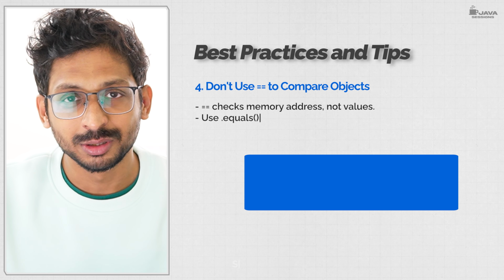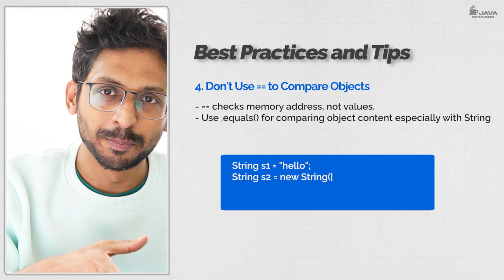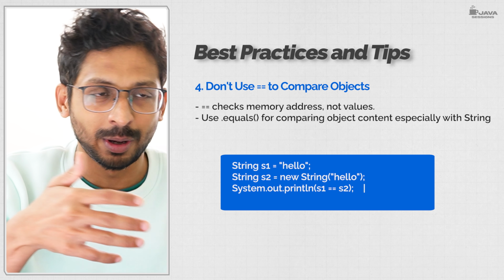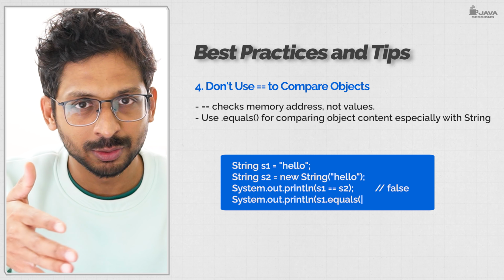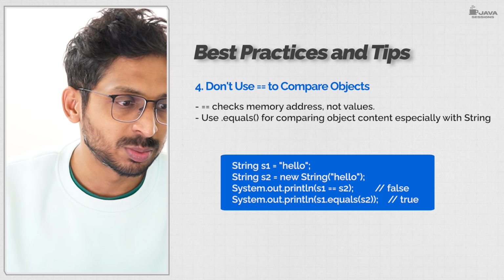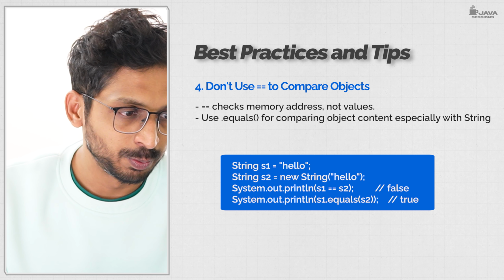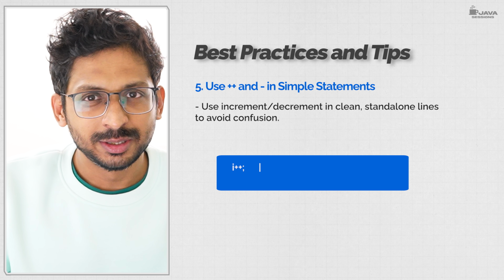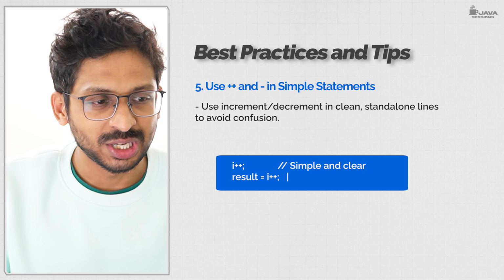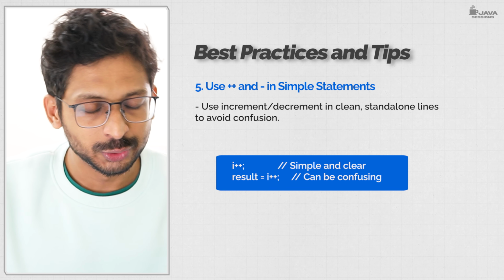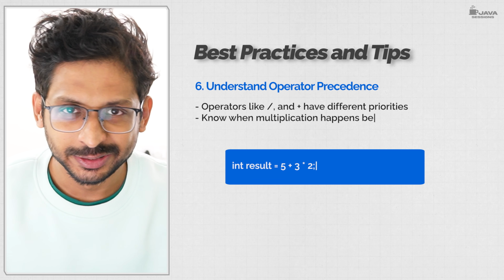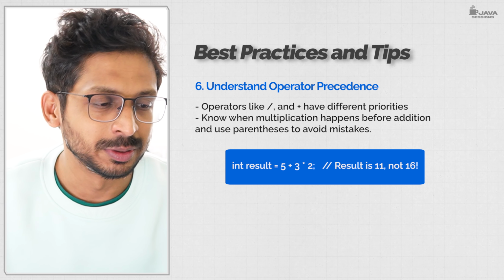Don't use the relational equal to operator for comparing objects. They actually compare their memory addresses and not values. You can use the equals method to compare two different objects. Use increment and decrement operators in a clean standalone line to avoid confusion. Be aware of the operator precedence while you're grouping together multiple operations.